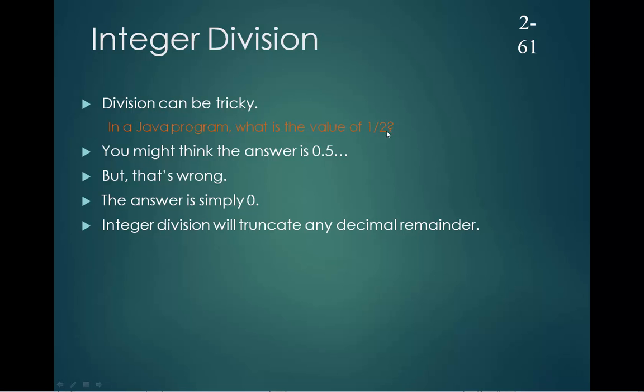So when you divide 1 by 2, the value of that would be 0.5, but what Java does, it does not round the value, it truncates the value, which means it throws away the decimal part, and you end up with just the integer part, which is 0. Okay? That's the way that works. If that went by quickly, rewind the video and take a look at it again. If it's still unclear, ask me about it in class. I will talk about more examples.